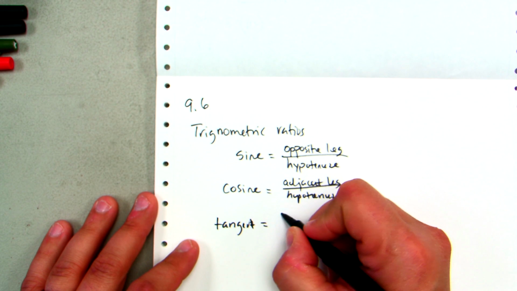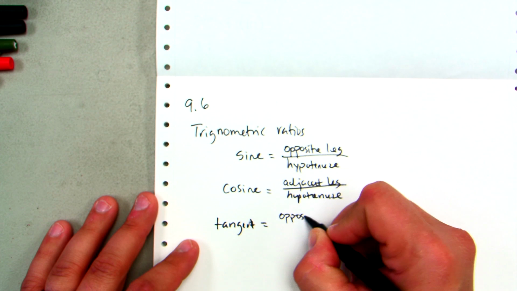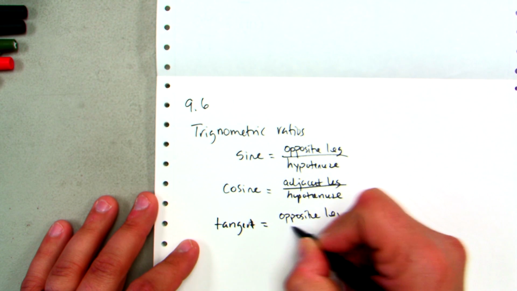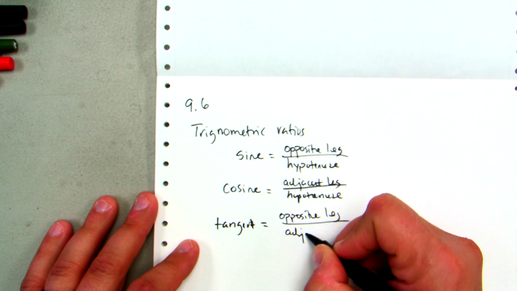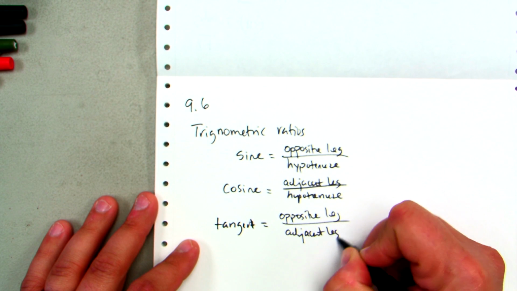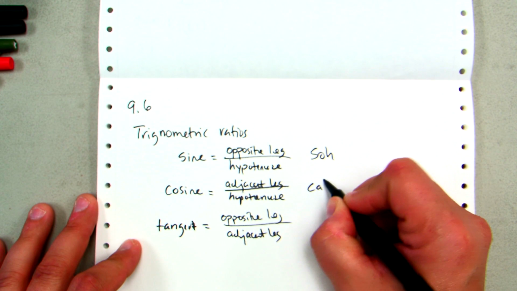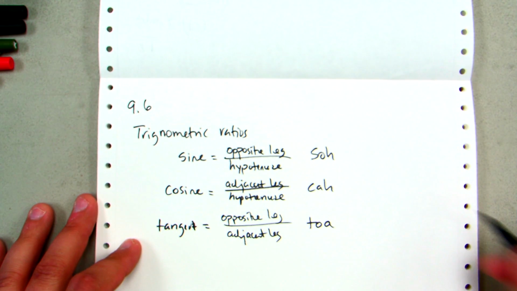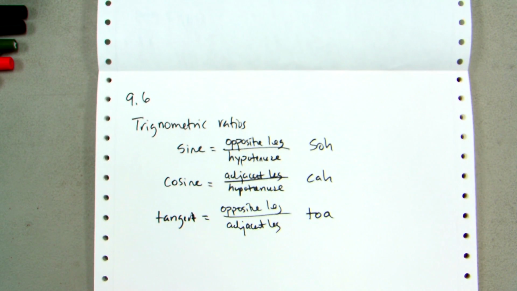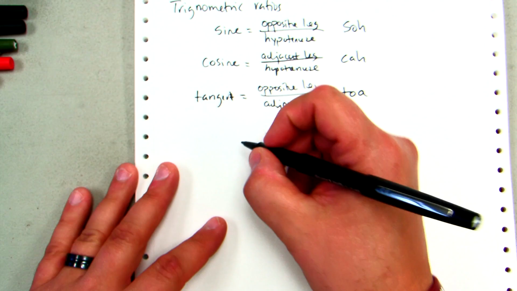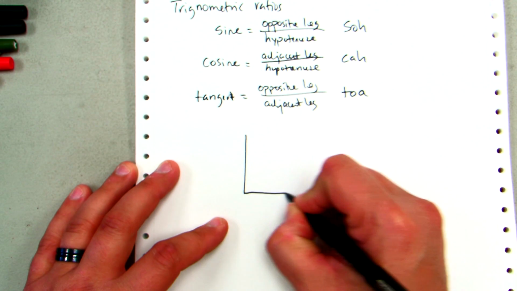And the tangent is equal to the opposite side, or opposite leg, divided by the adjacent leg. The way that I remember this is SOH CAH TOA. And probably the hardest part of a triangle is when we have a right triangle.